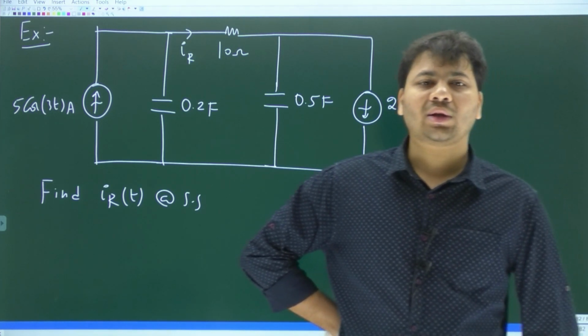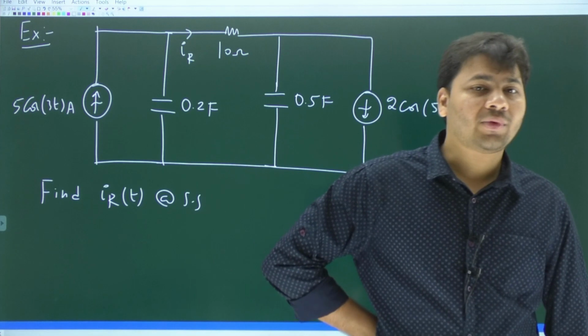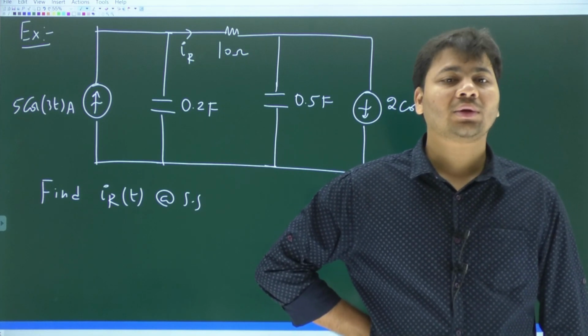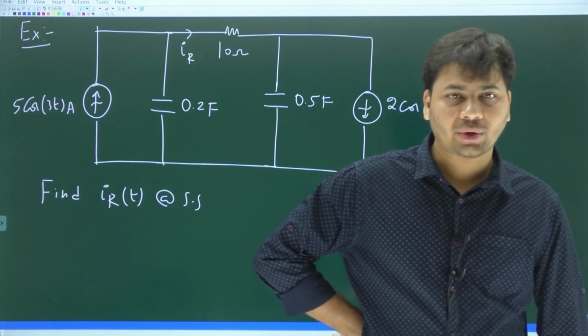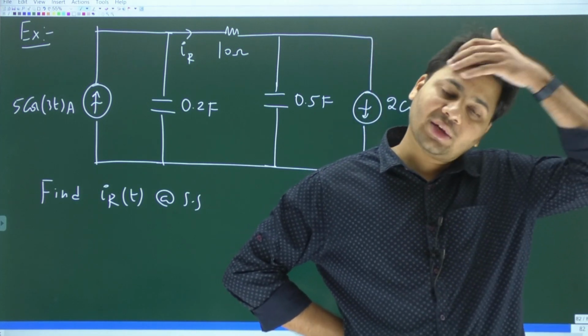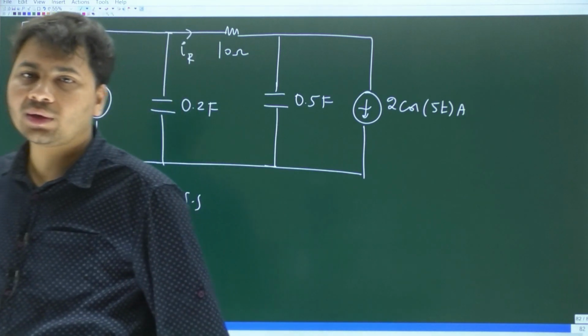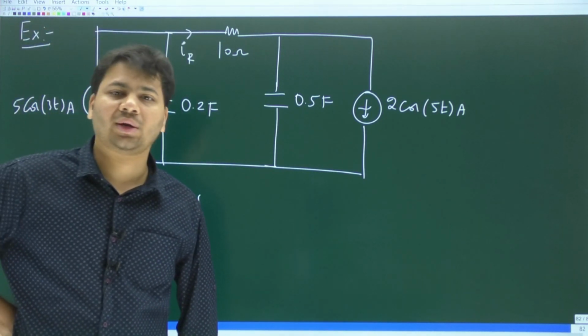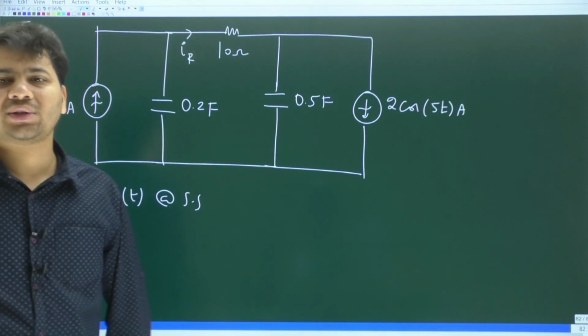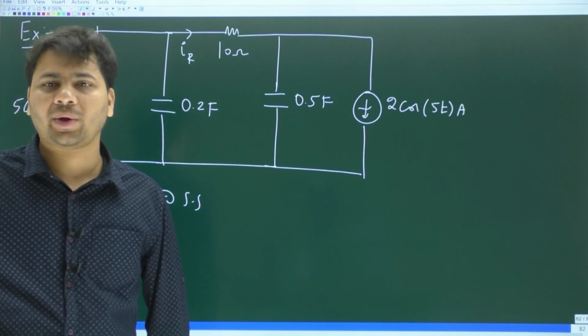So here there is no other option but to go for superposition. Only then can we do the analysis in the phasor domain. So what is that superposition? We should conduct two separate experiments, where in each experiment only one source is going to remain active.